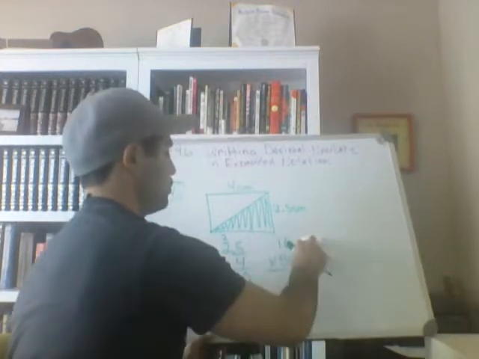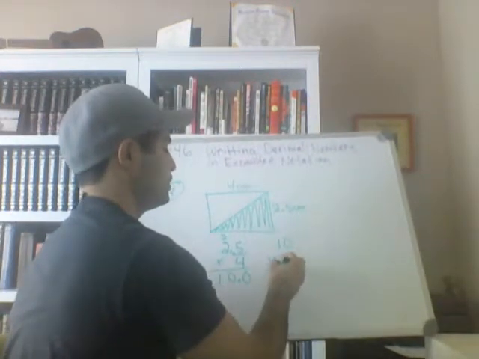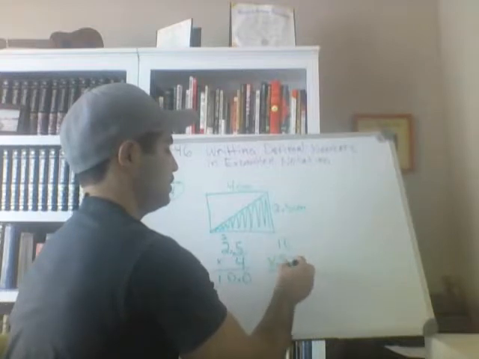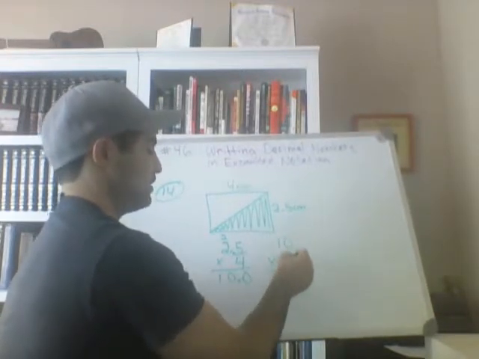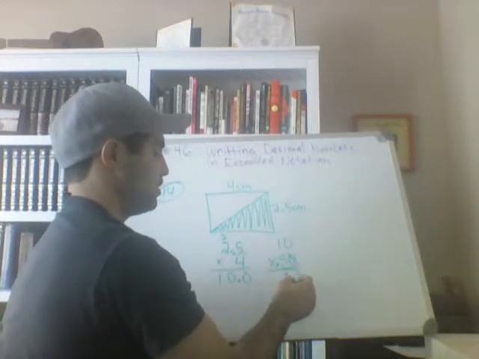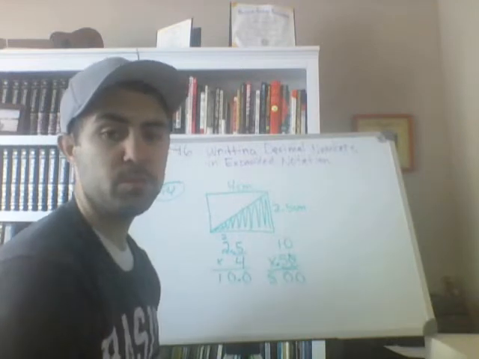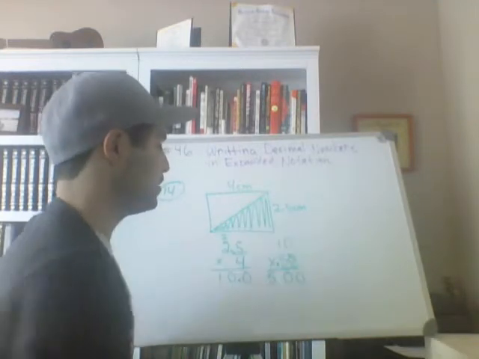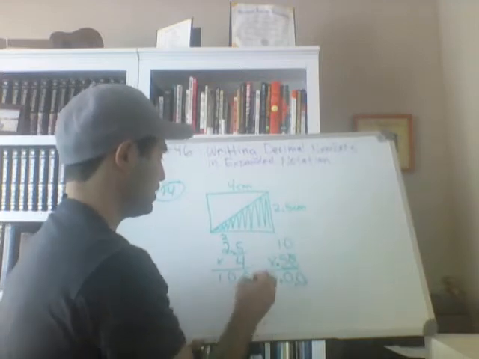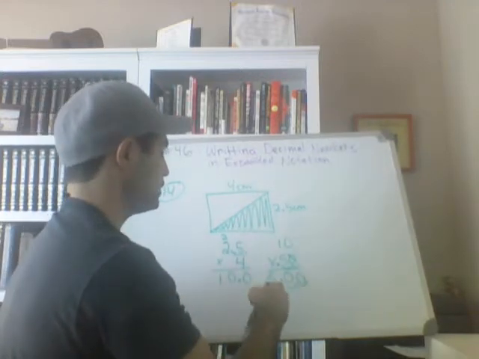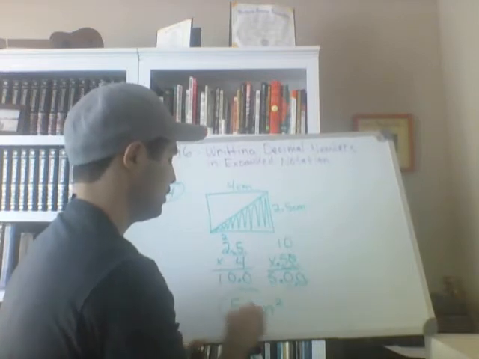In order to do that, you erase the percent sign, and you jump the point 2 places over. 1, 2. All right. Now we're going to multiply this out. So 5 times 0 is 0. 5 times 1 is 5. Now, since the decimal point has been moved 2 places over on top of the problem, then we're going to move it 2 places over on the bottom of the problem. So the area of this shaded region is going to be 5 centimeters squared. Don't forget your label.